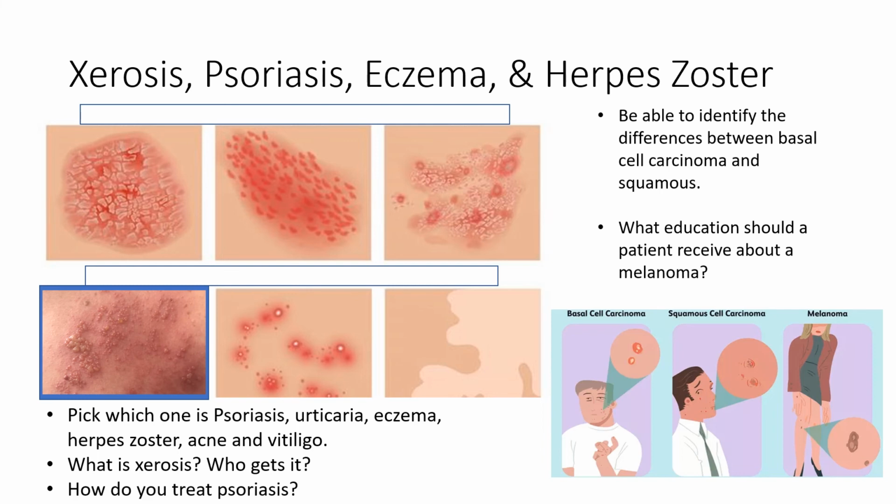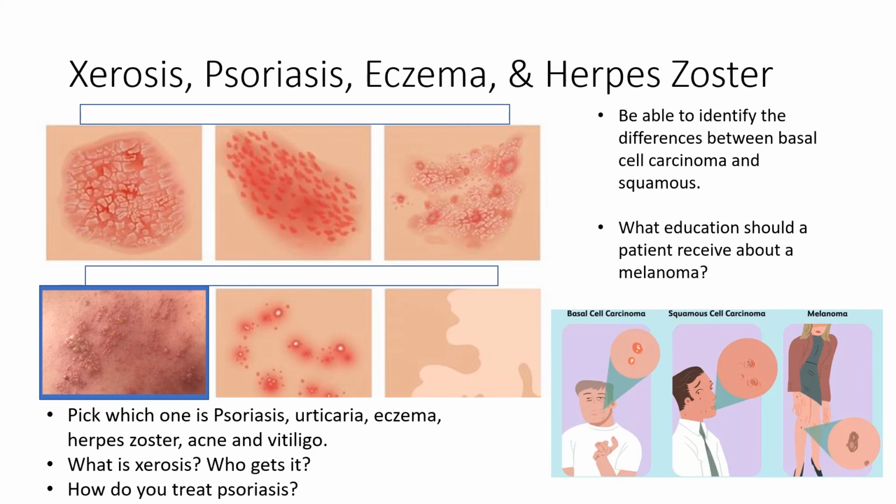So that's just like an itchy rash, nothing crazy. Top right, that's going to be your eczema, right? Bottom left is herpes zoster. Middle bottom is acne, and then your far right on the bottom is vitiligo.